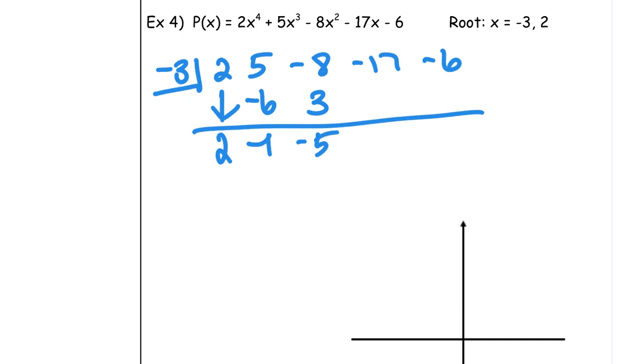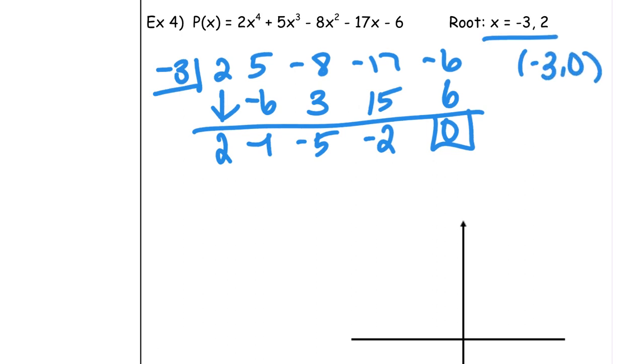Multiply, combine. And then multiply, combine. So we just went from a degree of 4 to now we're down to a degree of 3. And we know that negative 3, 0 is a root. Aside from the fact that they told us, we just also proved it.